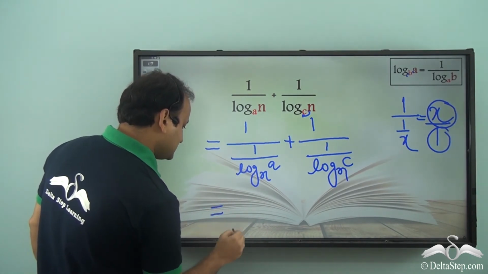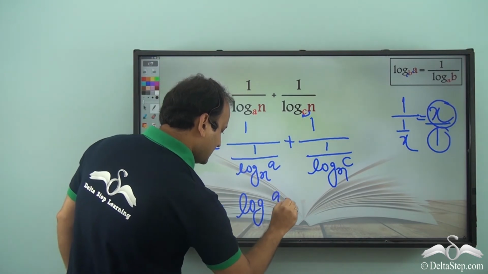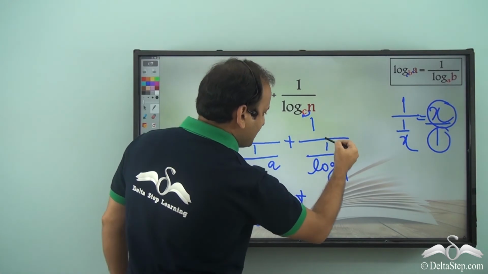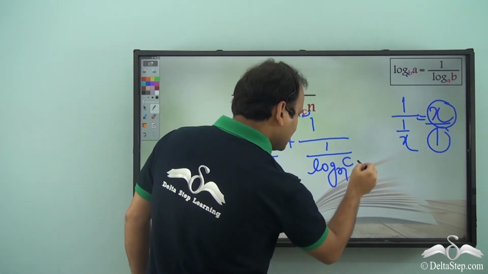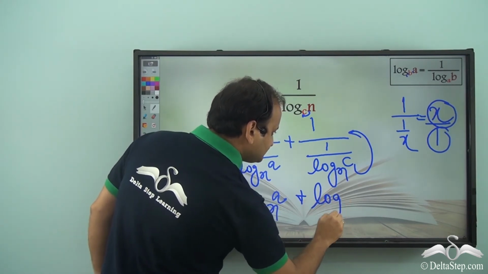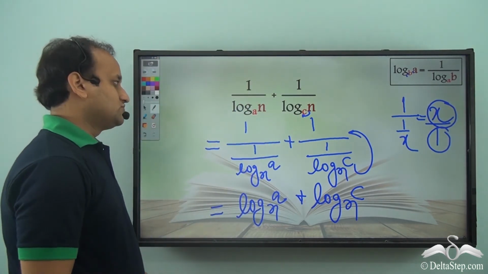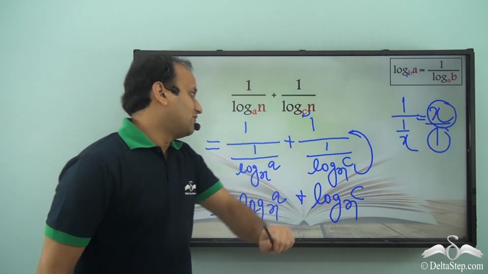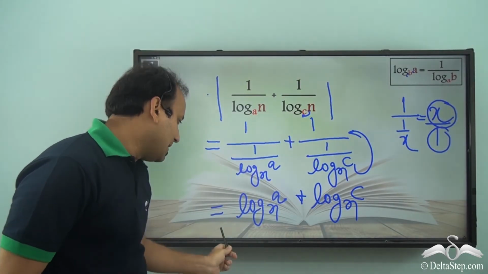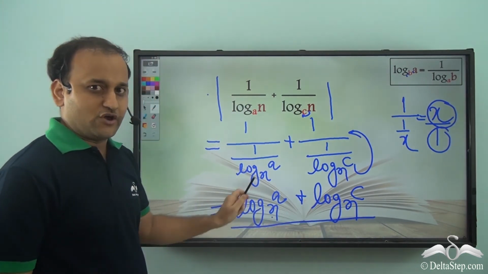So you can write it as log a to the base n plus, similarly we have 1 by log c to the base n. So this will come up. So this can be directly written as log c to the base n. So by applying this reciprocal formula, you will be able to change these fraction terms into much simpler log terms with a common base.